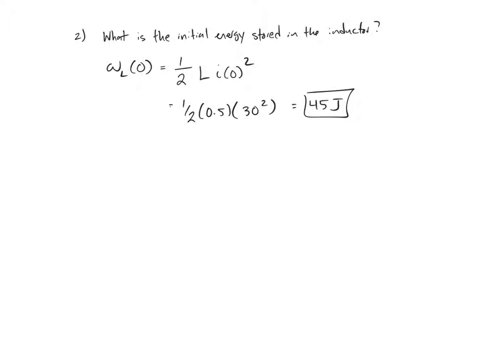Now we know that once that's connected to the resistor, the energy stored in the inductor will begin to be dissipated by the resistor. So let's compute something about that. Specifically, let's look at the fraction of the initial energy, which is this 45 joules, that's been dissipated after 10 milliseconds connected to the resistive load.